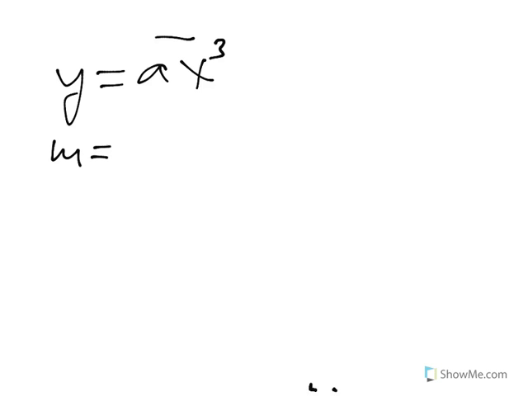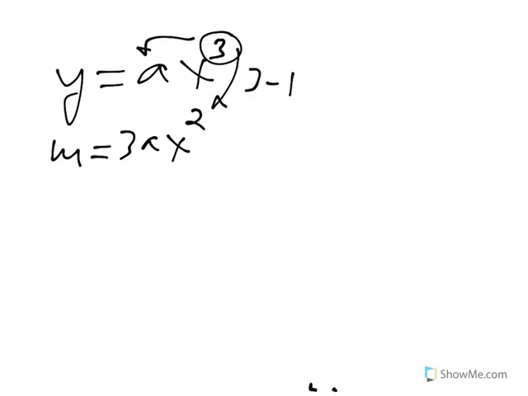Now, if the exponent's not 2, like it's 3 or something like that, then it gets a little bit more complicated. The rule is you can multiply the exponent times the coefficient that's there, and then subtract 1 from the exponent.